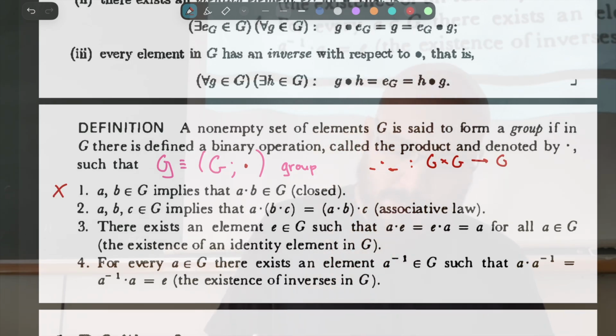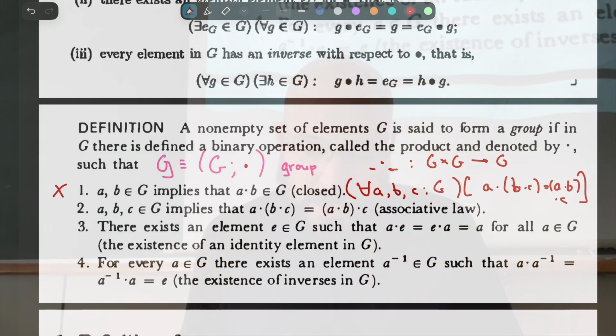Now, the second one is written as if it's an implication, but for us, it looks better if I say it like this. And we will end up writing this only as an equation.